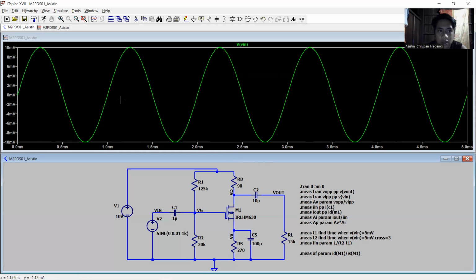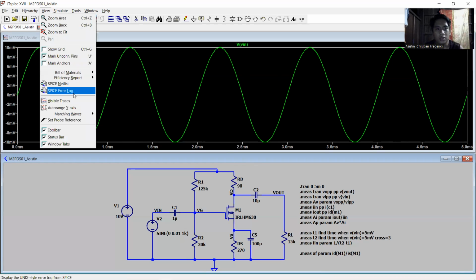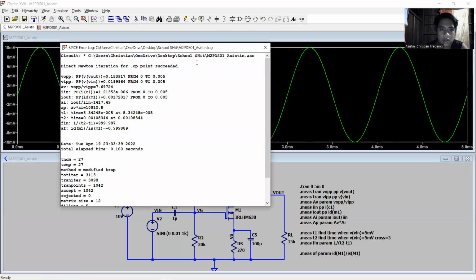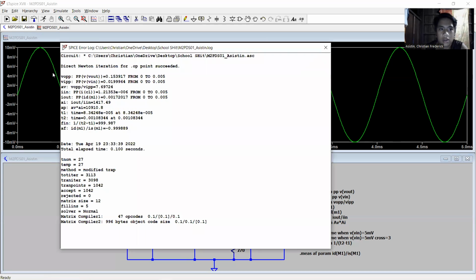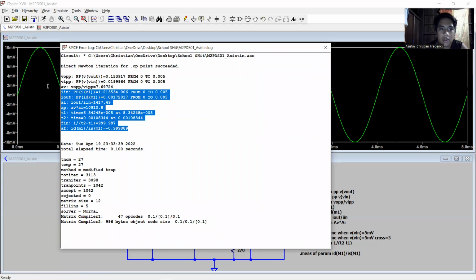So let's look at the SPICE error log to see the values that you have come up with. As you can see here, these are the values that came from the commands that you entered.